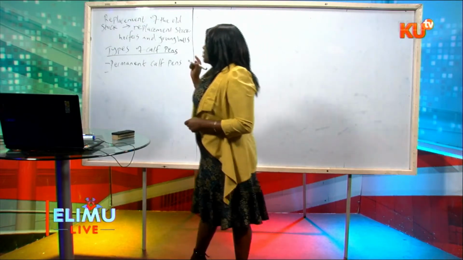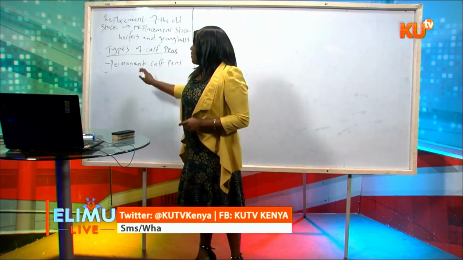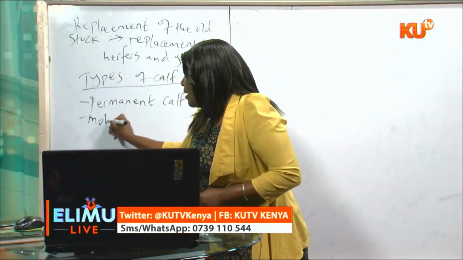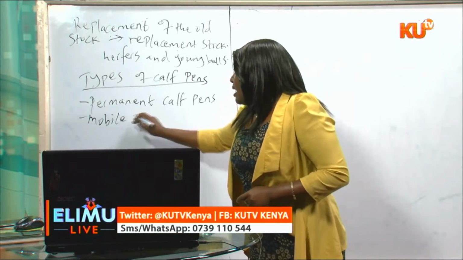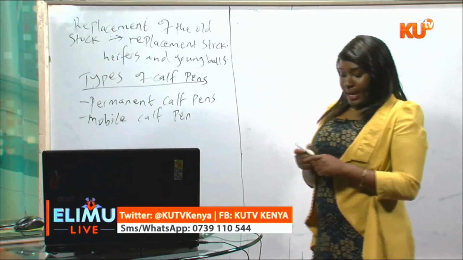So that is what a calf pen is. So we are saying we have two types of calf pens, the permanent one, and the mobile one. So you can construct a mobile calf pen or a permanent calf pen.